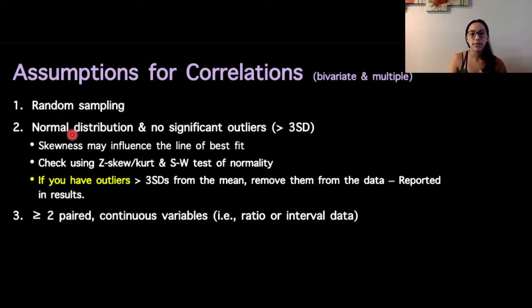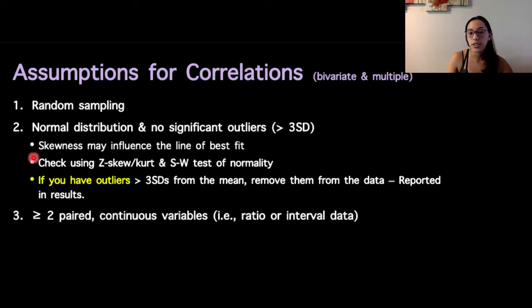Our data should be normally distributed with no significant outliers, and I'm terming significant outliers as anything that's outside of 3 standard deviations. So reason being is that skewness can affect the line of best fit. Usually when we have outliers that are outside of 3 standard deviations, that's when we notice the largest effect on the correlation results. So I'm deeming no significant outliers outside of 3 standard deviations.